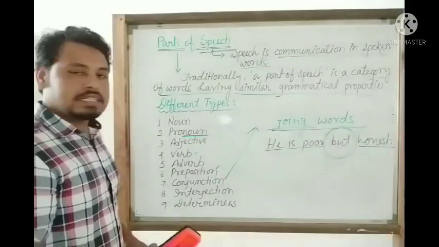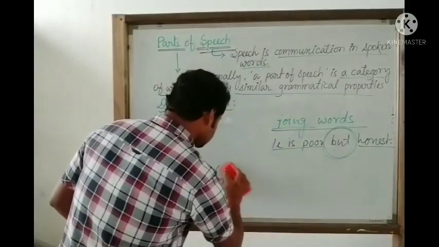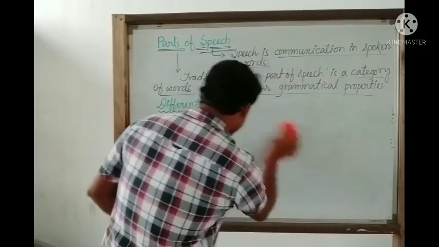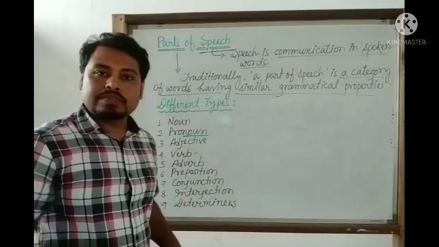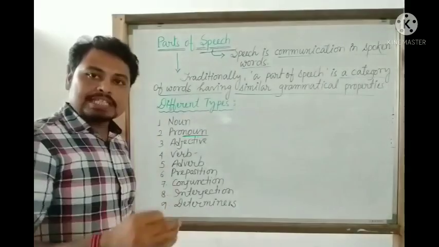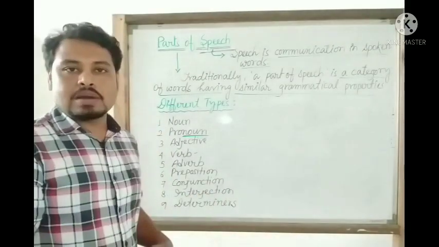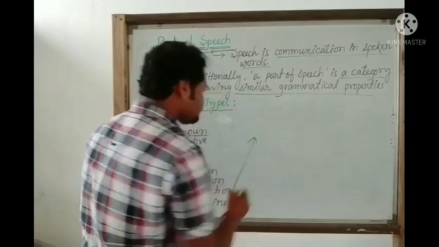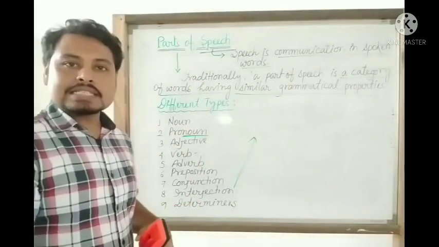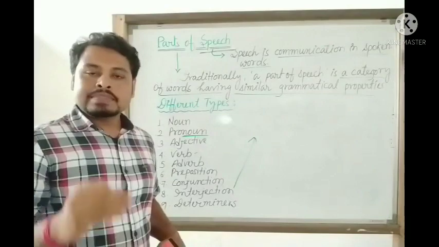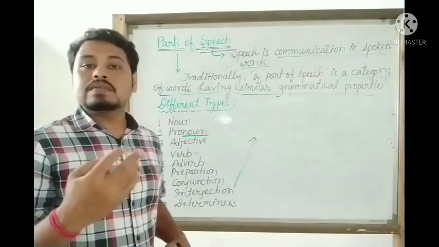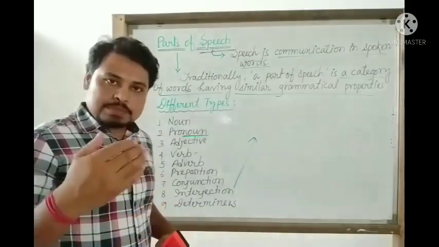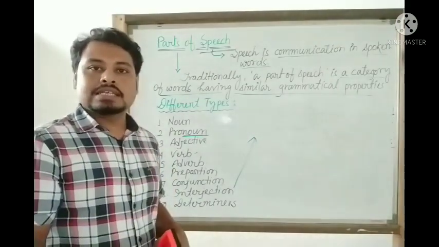Now after this conjunction we have the interjection, the eighth category of our parts of speech, and traditionally the last category of parts of speech we have, that is interjection. Interjections are words that are used to express certain feelings or emotions, especially in exclamatory sentences.